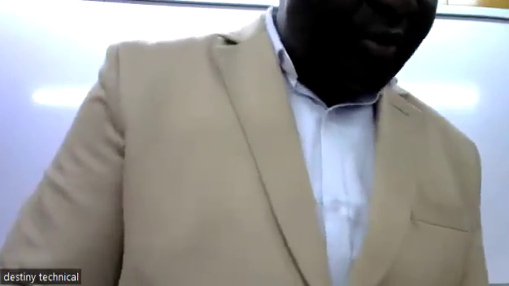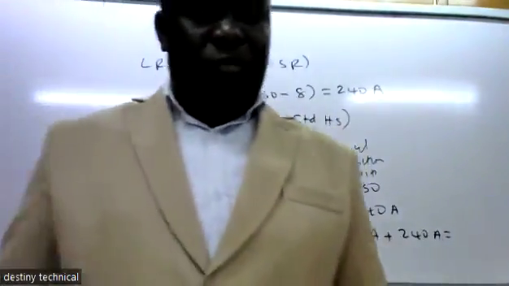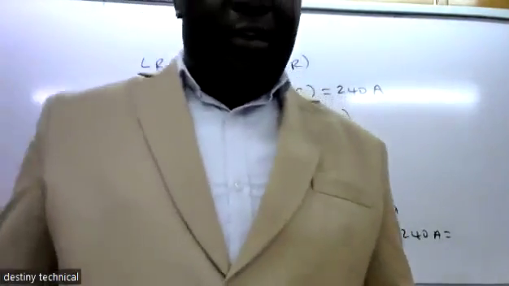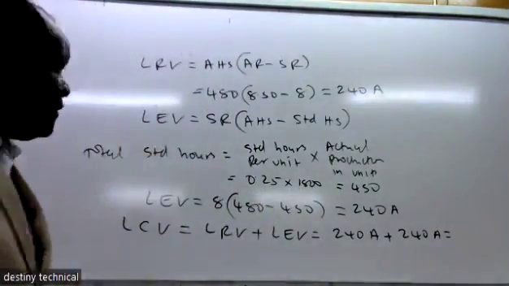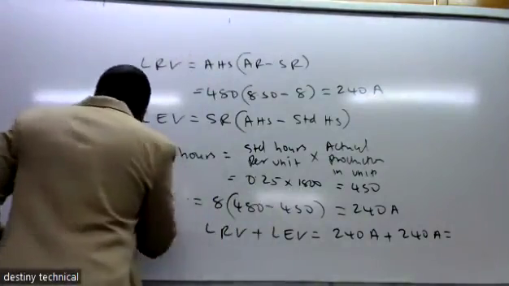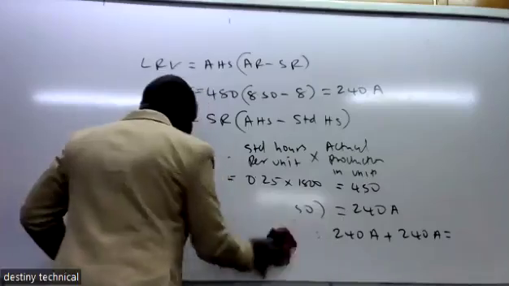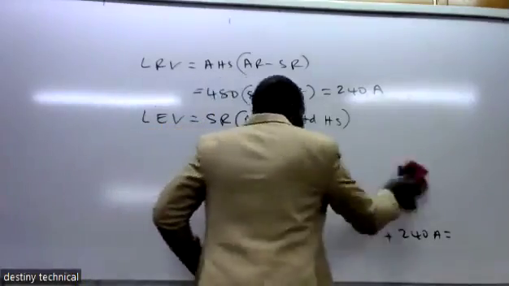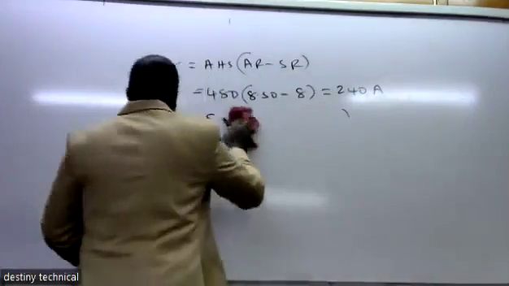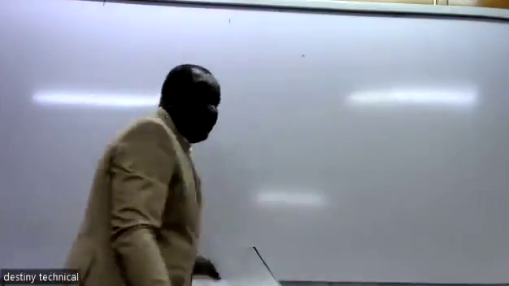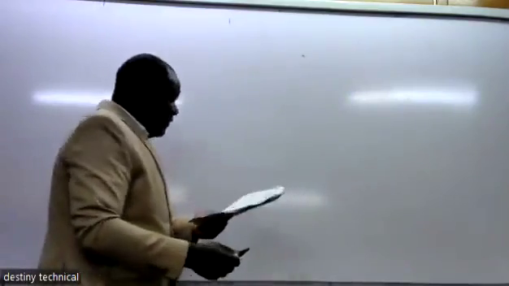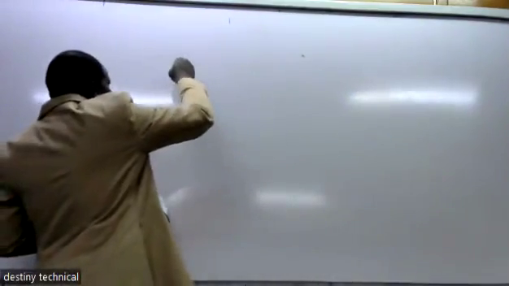When you check through your notes, I had given you a formula on how to compute the variable overhead efficiency variance, when you want to calculate the variable overhead efficiency variance.